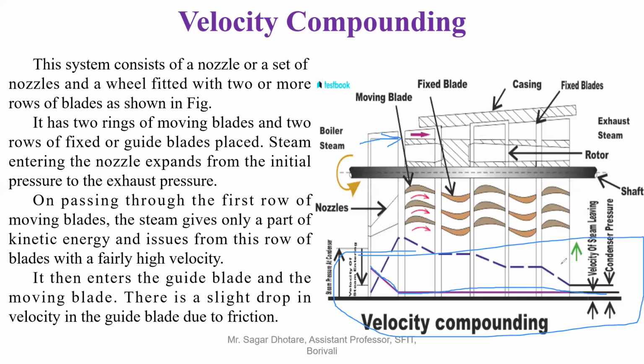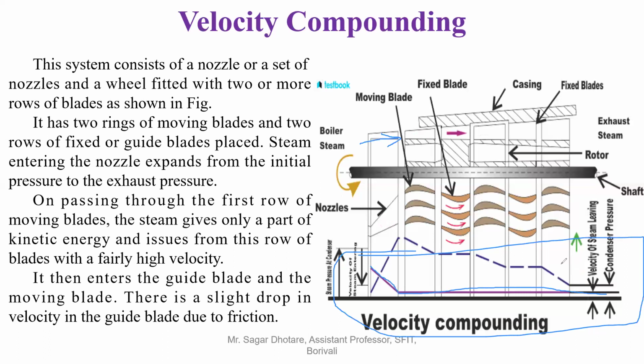The steam then passes to the second row of moving blades, where the velocity is further reduced. You can see the velocity diagram. Thus, the fall in velocity occurs every time the steam passes over a row of moving blades.